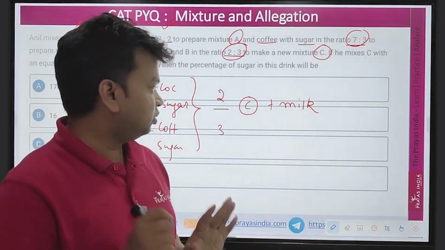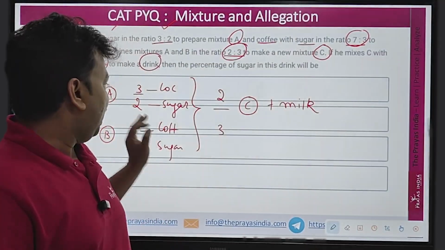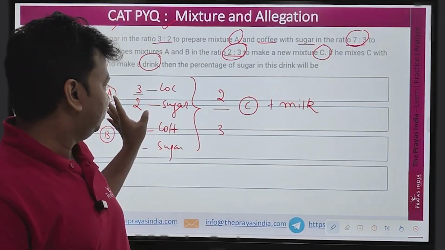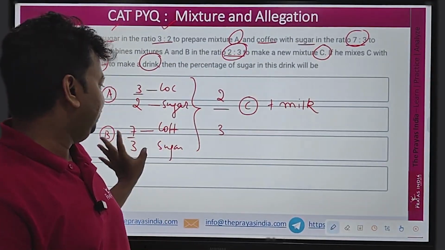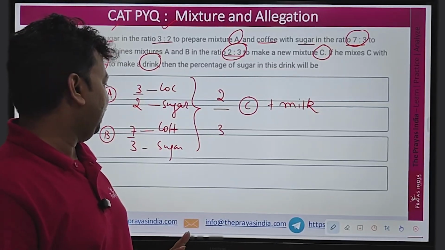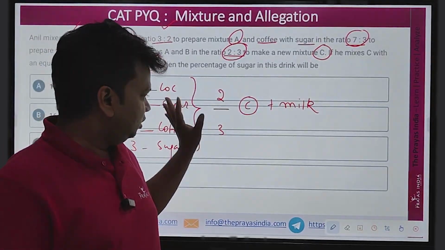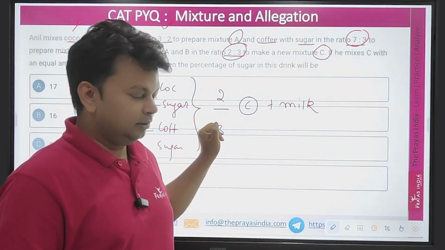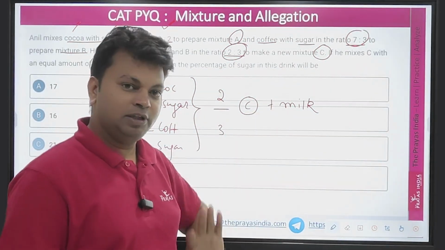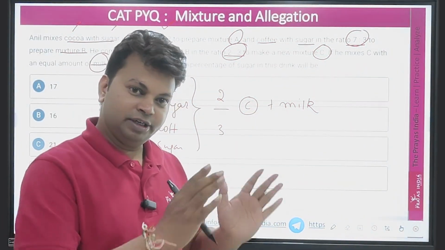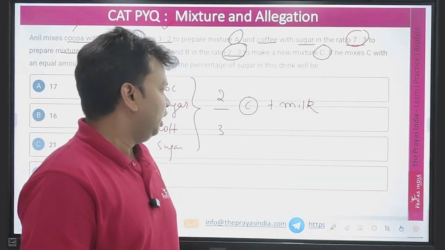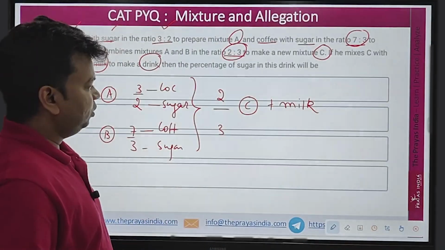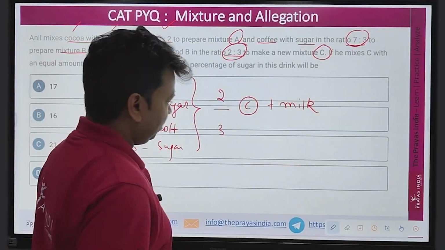I hope you must have understood it. We have A, we have B, we have the ratio of coca and sugar in A, and the ratio of coffee and sugar in B. These have been mixed and formed C with the ratio 2:3, and C has been mixed with milk and another drink has been prepared. So solving this question is quite easy. So how to solve such types of questions?